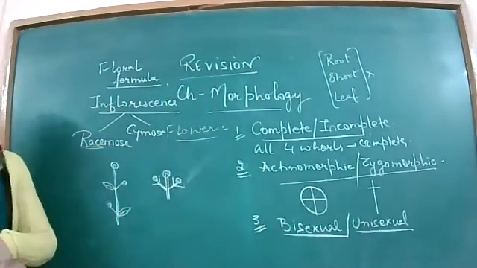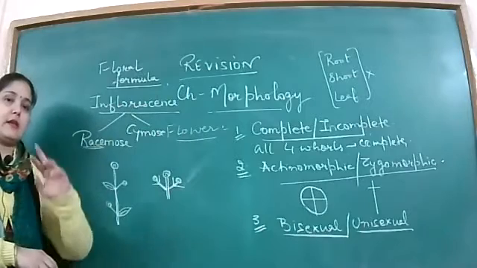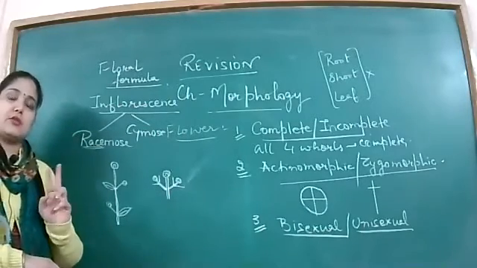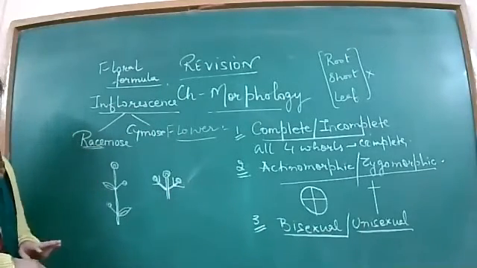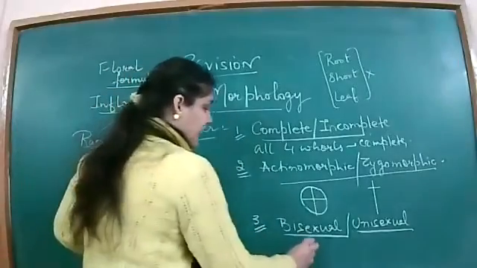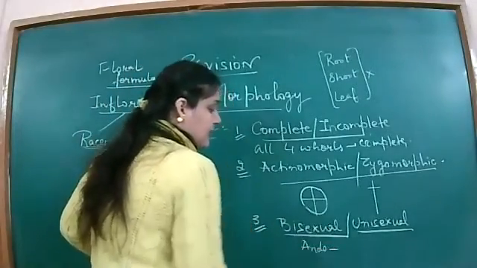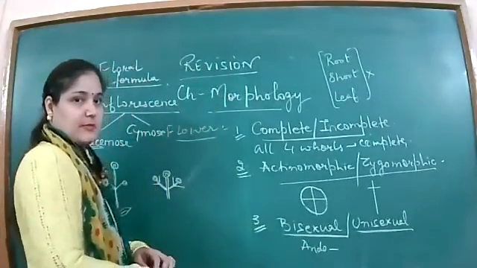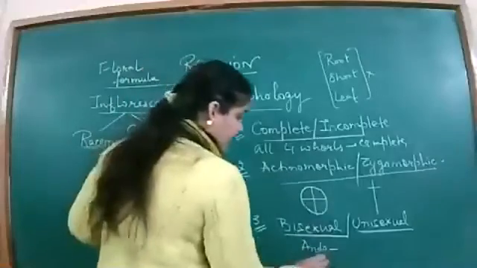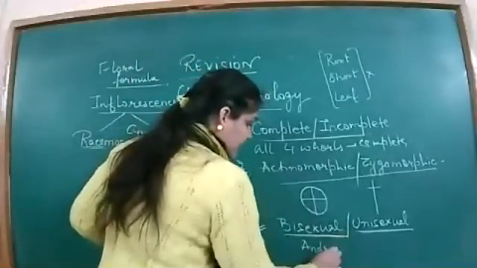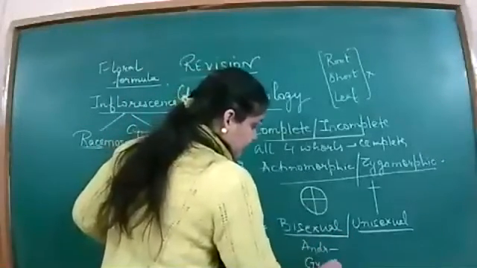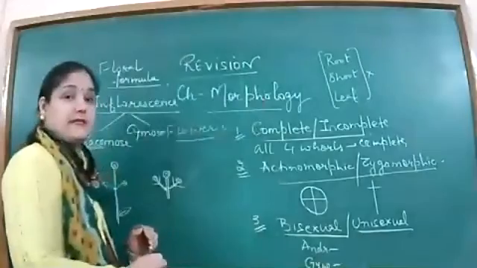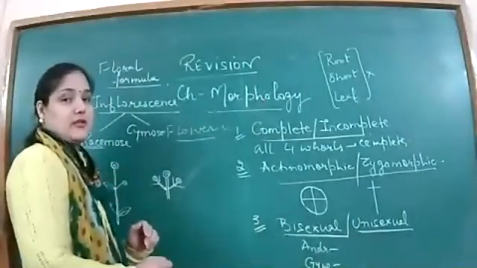Bisexual means when both androecium and gynoecium, the male reproductive part as well as the female reproductive part, are present in the same flower, then we call it a bisexual flower.